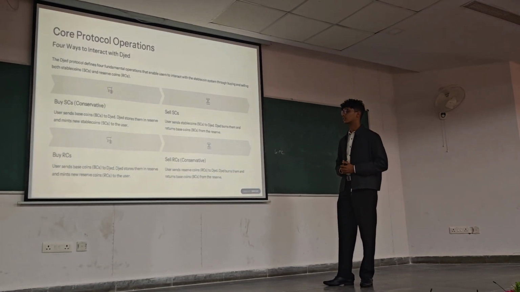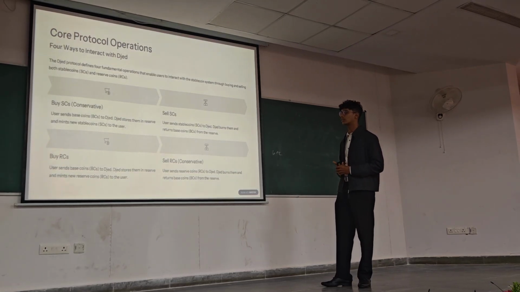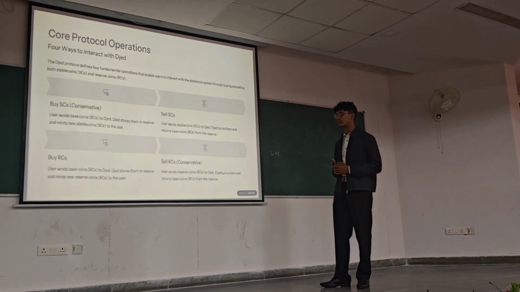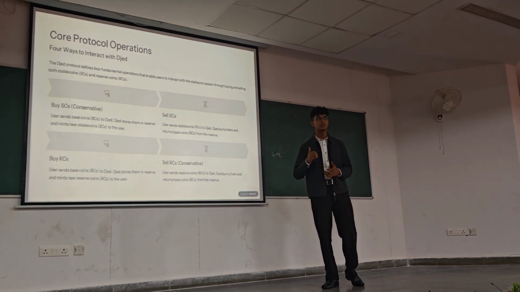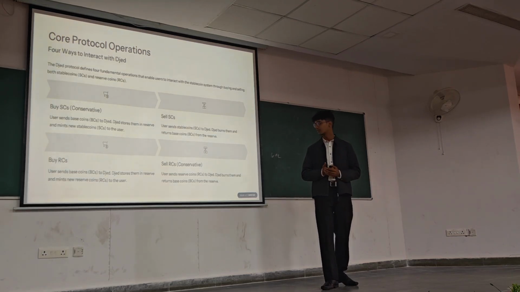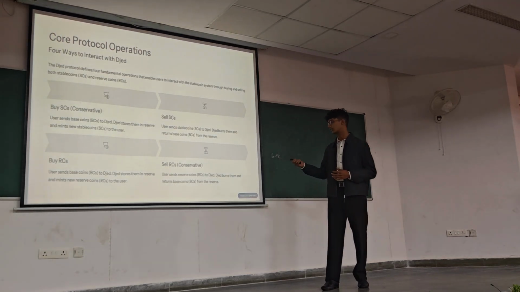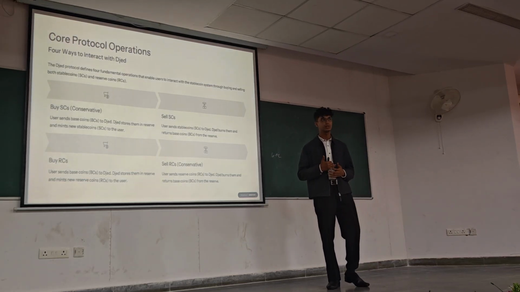As I said, the buy stablecoin function is a conservative function. And how is this a conservative function? We inflate the price of the stablecoin a little bit by using the max price, so that the user has to pay more, which in turn benefits the protocol. The same can be seen in the sell reserve coin function, where we deflate the price of the reserve coin.